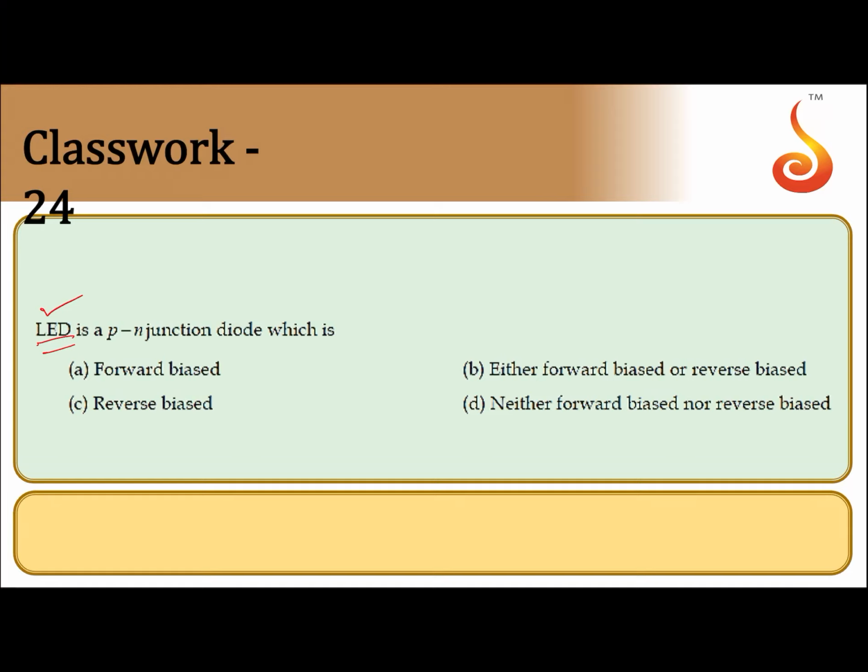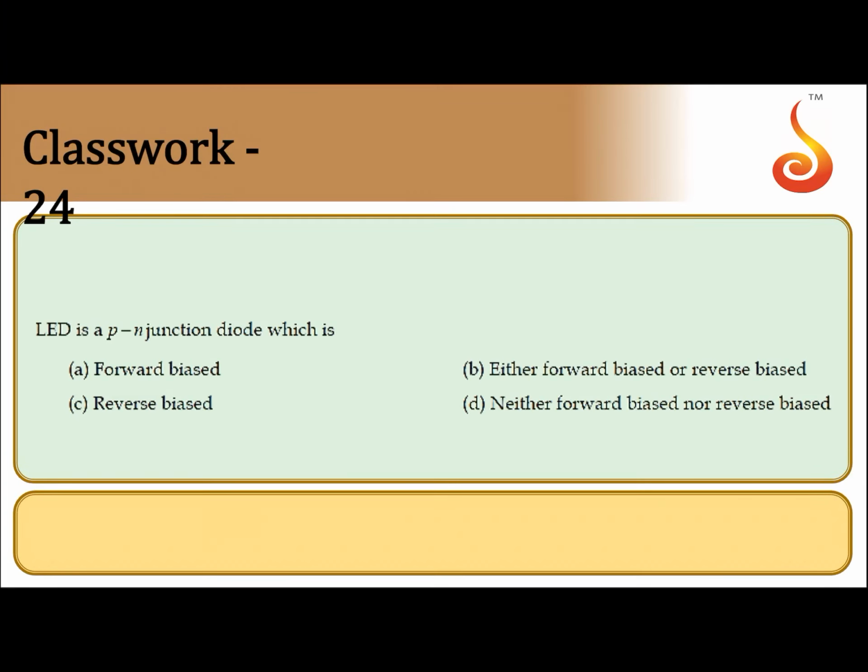LED is the only special purpose diode which is used in forward bias. When in forward bias, there will be recombination of electrons and holes near the junction region, and due to recombination there will be light emitted. So electromagnetic waves will be emitted at the junction region that comes out. So that is how LED works.